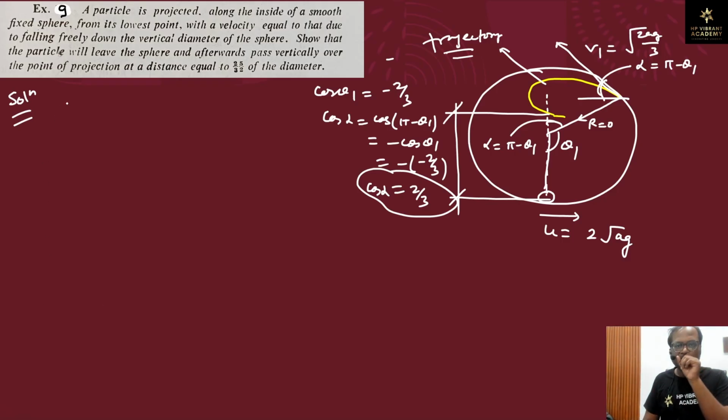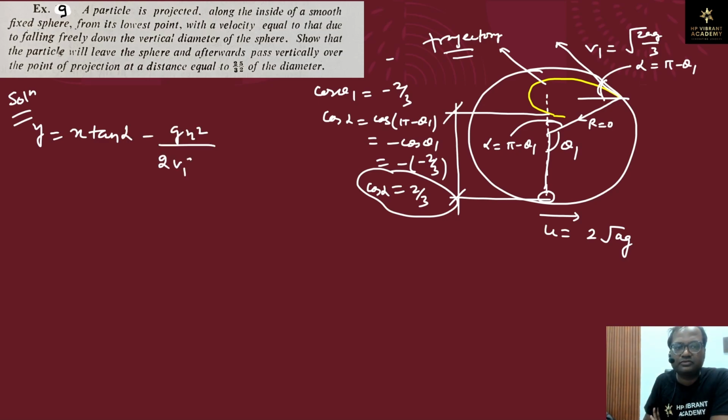Let us find the equation of trajectory. So y is equal to x tan alpha minus gx square upon 2 v1 square cos square alpha, where alpha is equal to pi minus theta 1.